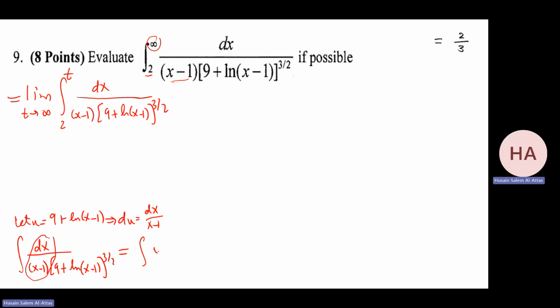So I have u to the power minus 3 over 2 du. Add 1, that will be minus half. So I have minus 2. Is it? Yeah. Add 1, minus half. That will be minus 2 u to the power minus half. Yeah.